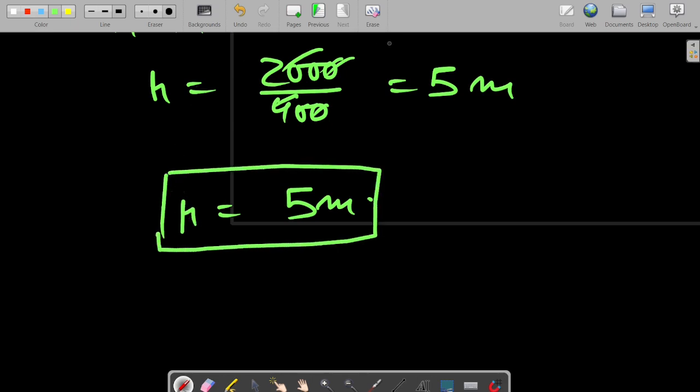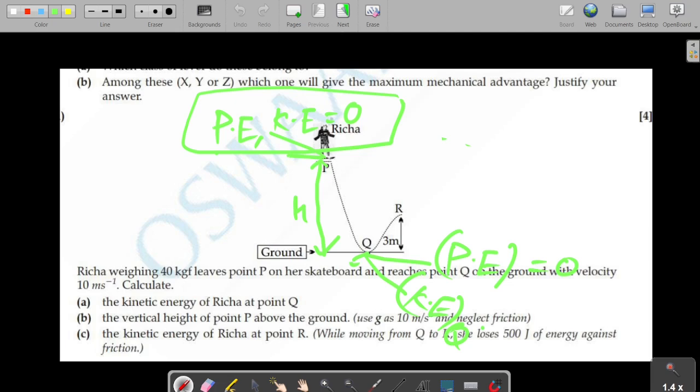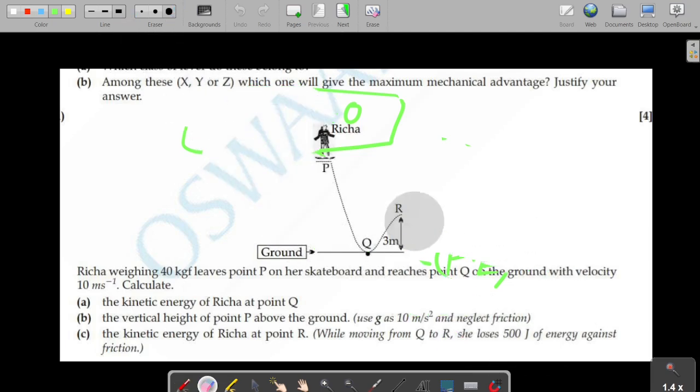Now come to part C. What is part C? In part C we have to determine the kinetic energy of Richa at point R, and they have given one condition: while moving from Q to R, she loses 500 joule of energy against friction.